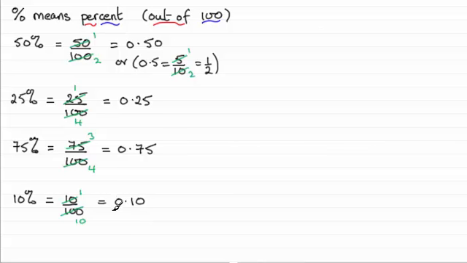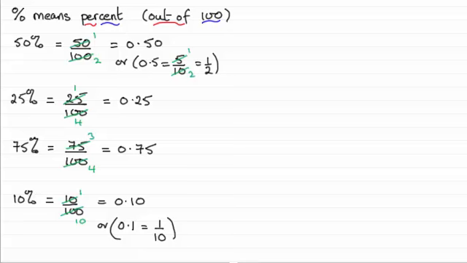Or you could write it as 0.10, or because it ends in a 0, we can drop that 0 and call it 0.1. 0.1 means 1 out of 10, 1/10. If you divide 1 by 10, you move the point back one place, get 0.1. So equivalent ways of saying exactly the same thing for 10%.